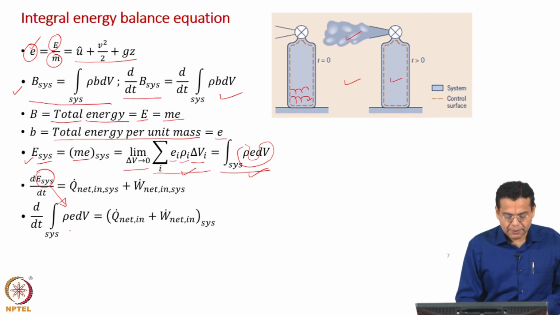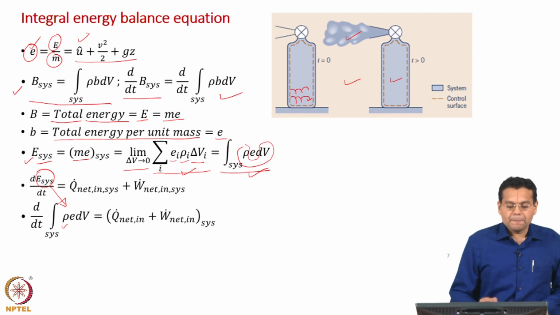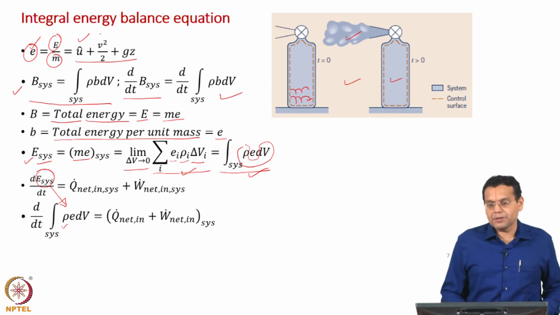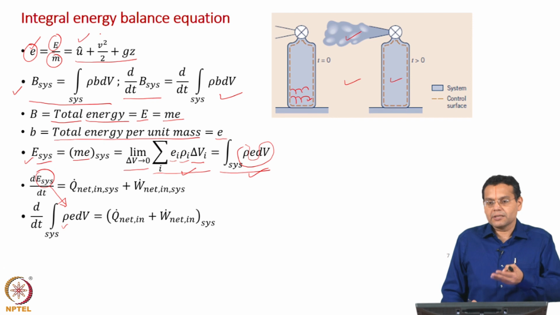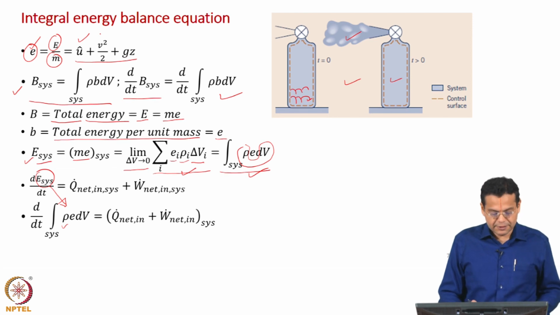Now you are able to express in terms of the usually measured properties, namely rho, and what is e? The internal energy per unit mass, kinetic energy per unit mass, and then potential energy per unit mass. So, by expressing in terms of this integral, you expressed in terms of usually measured or known variables, namely density, internal energy, velocity, elevation, etc.